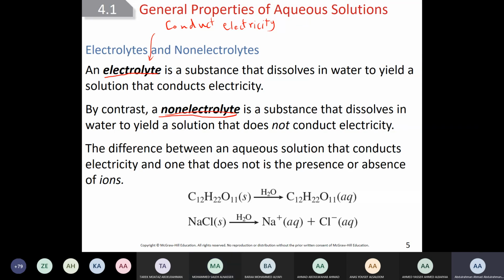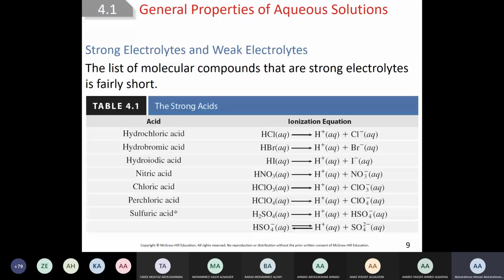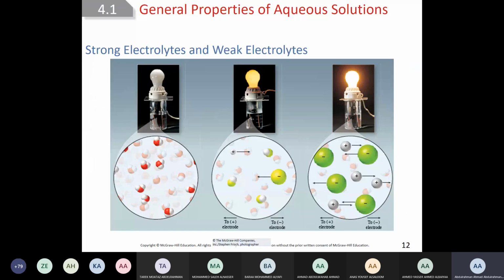This means, if I have a solution like this and put 2 electrodes in it and connect this to electricity or to a lamp like this one, in this experiment the electricity will either go through or not go through.